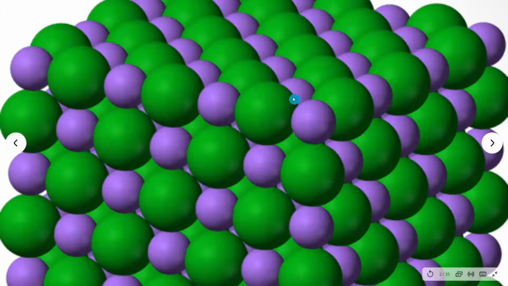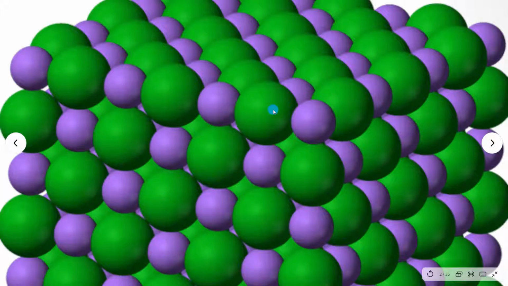So if we look here, we've got a chlorine ion and a sodium ion. So the sodium has given its electron to the chlorine. So sodium's positive, chlorine, or chloride in this case because it's an ion, is negative.